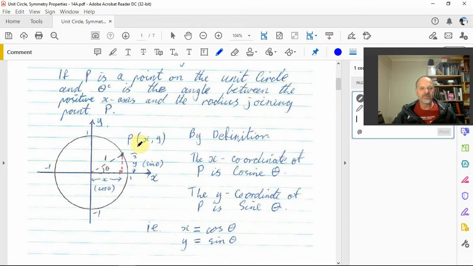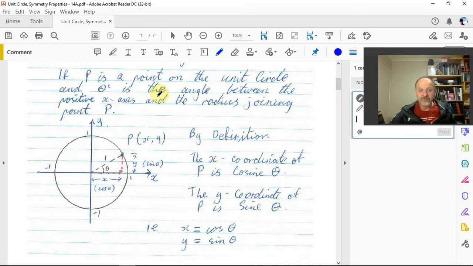If we pick a point P on the circle, with coordinates X and Y, and draw a right angle triangle, like the one I've dotted in red, then the X value would be that length, the Y value would be this length here.